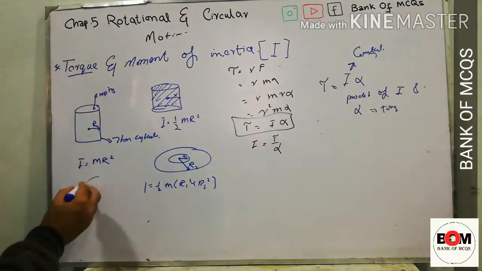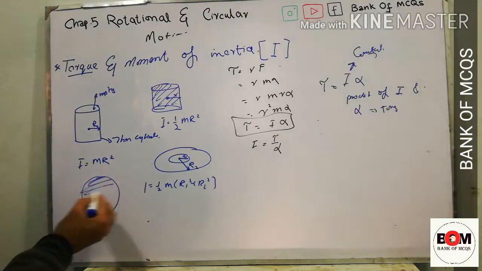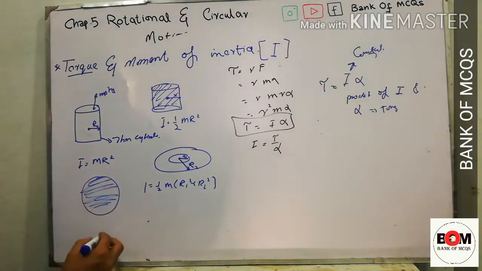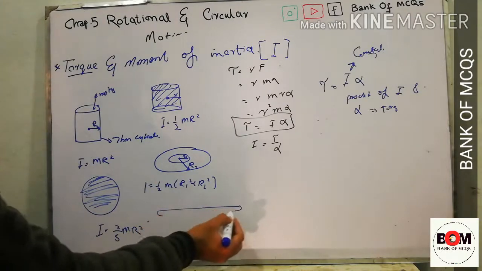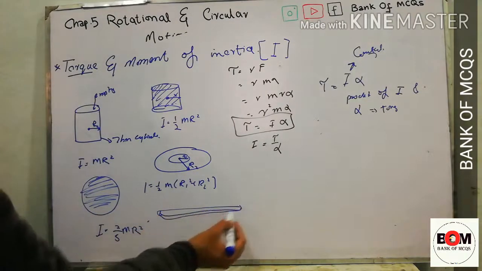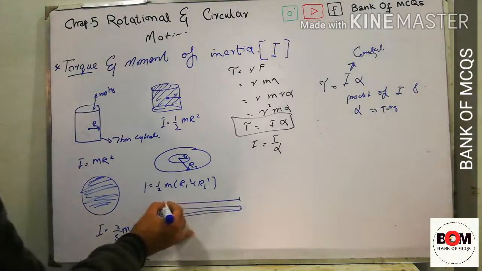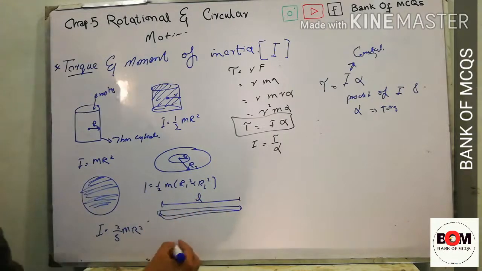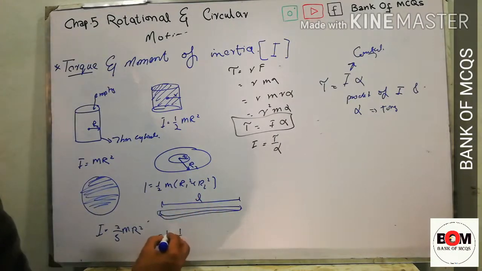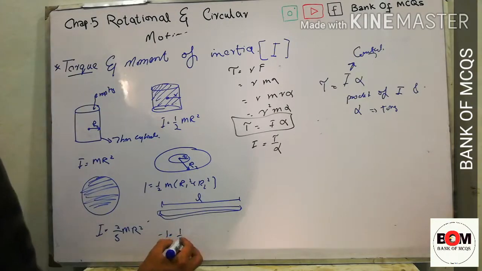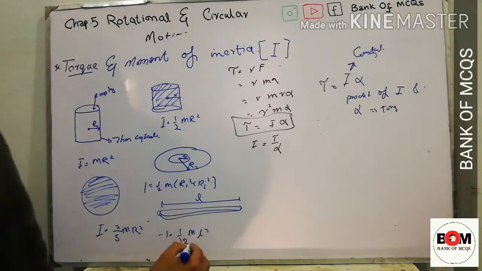The next one is if we have a solid sphere. For a solid sphere, I is equal to 2 by 5 m r square. The sixth is if we have a rod of length L and radius R, so I is equal to 1/12 m L square.